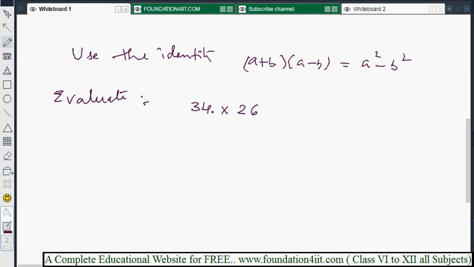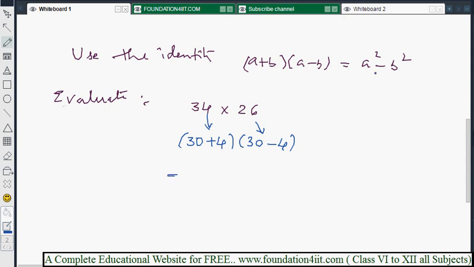That means first, for 34 I should write the sum of two numbers, and the same numbers' difference should give 26. Now if you observe, 34 is 30 plus 4, and check whether 30 minus 4 is 26 or not. Yes, 30 minus 4 is also 26. It should match exactly. The first number should be 30 plus 4, the second number should be 30 minus 4. The terms should be the same in both expressions.